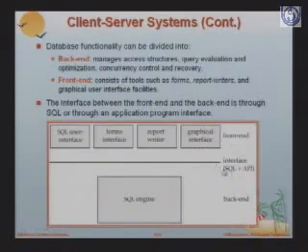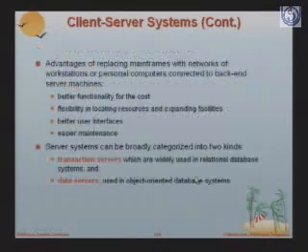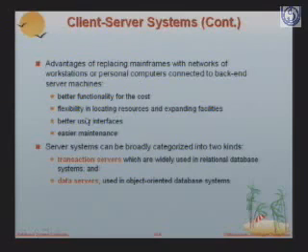So today we'll talk about a standard interface called ODBC, and then we have JDBC. Through these they try to connect the client with the server. Now the advantages of replacing mainframes with networks of workstations or personal computers connected to a backend server machine are better functionality for the cost, flexibility in locating resources and expanding facilities, better user interface, and easier maintenance.